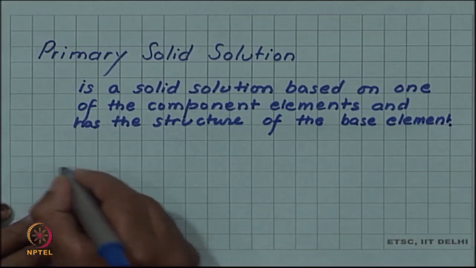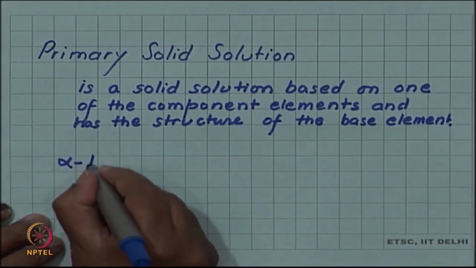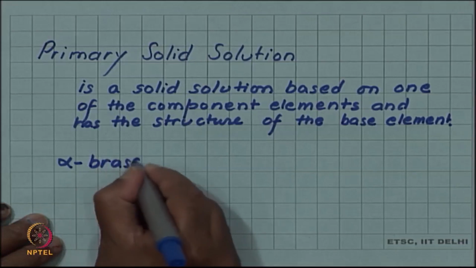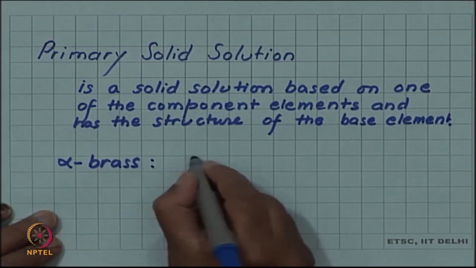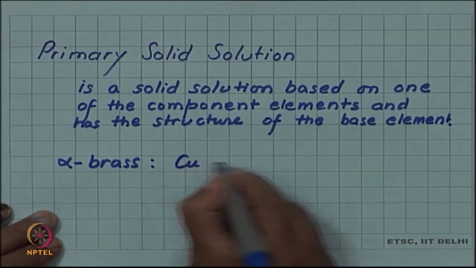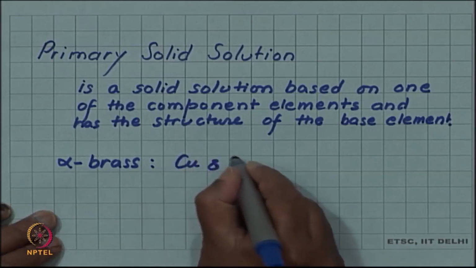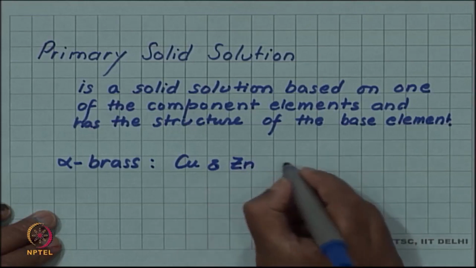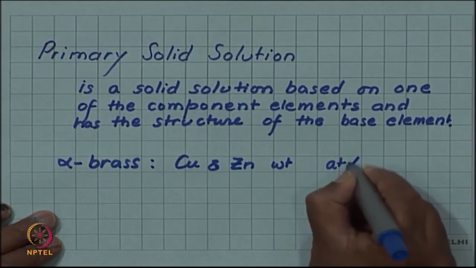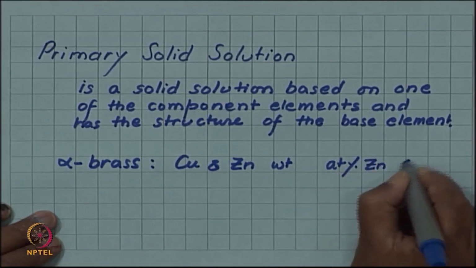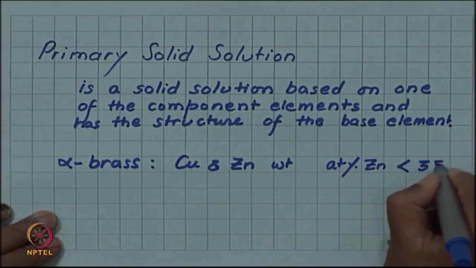As an example, let us consider alpha brass. This is a solution of zinc in copper, with atom percent zinc less than 35%.